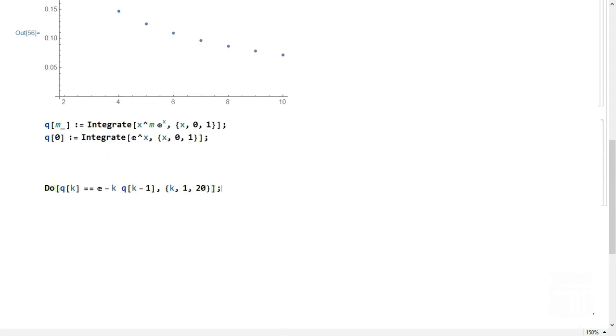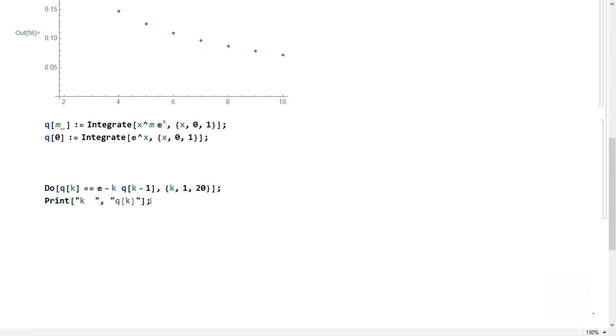After that, I want to form a table, and I want to print first k, which is a string; you type a string inside the quotation marks, and let's put some space there. And then type q of k.